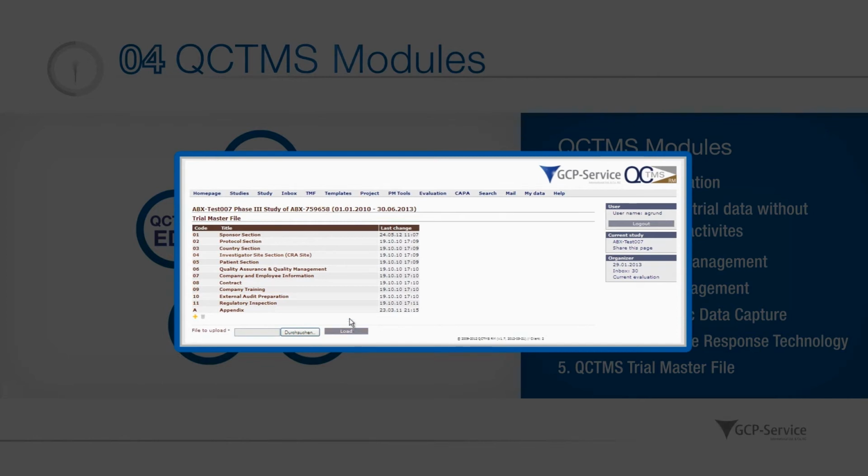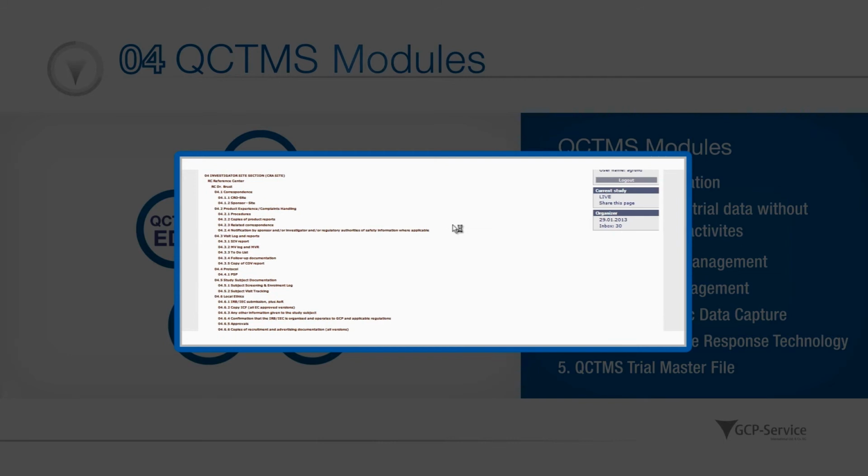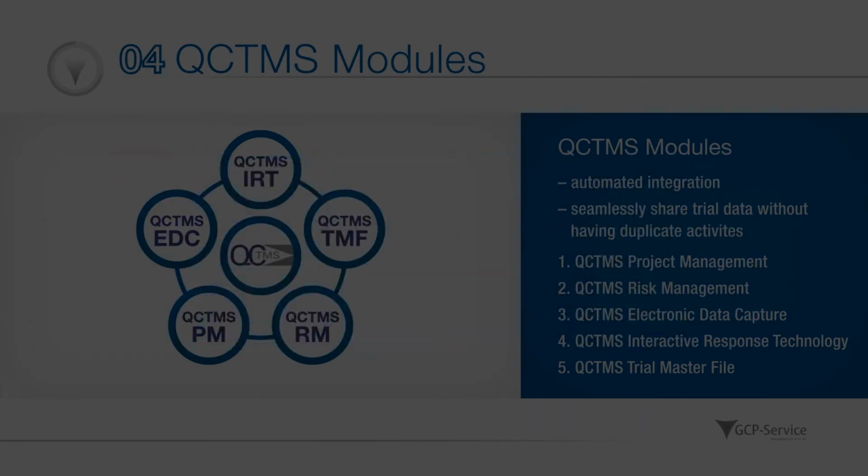The electronic trial master file of Qctms can be fully adjusted according to the individual SOPs of the sponsor or CRO. The centralized approach is an excellent solution for multinational trials. Documents of each attending country can be filed and maintained centrally from the first day until the end of the study. Security, access control, and movement control is continuously ensured. With one click, you receive a complete folder tree of your TMF.